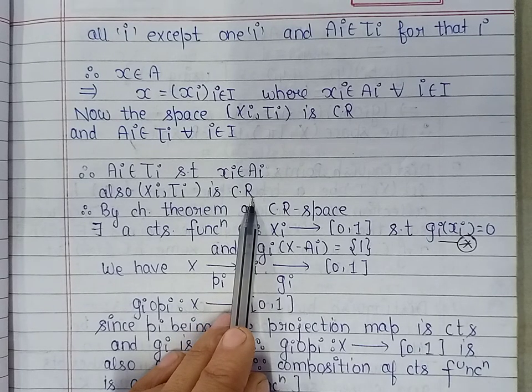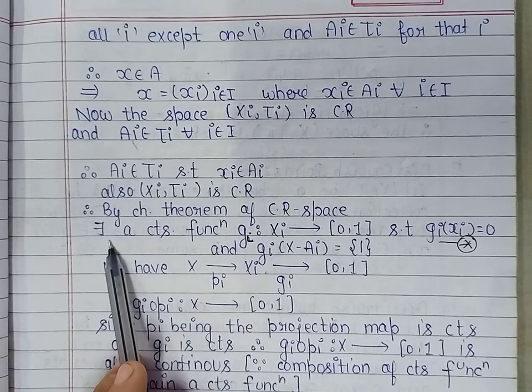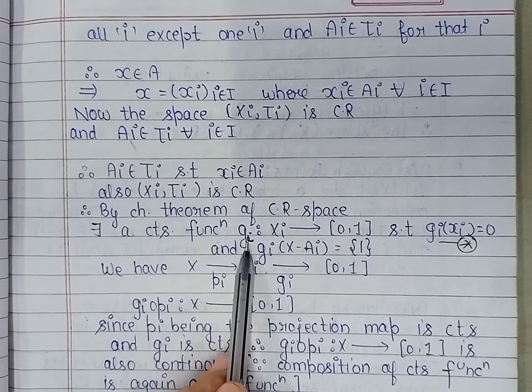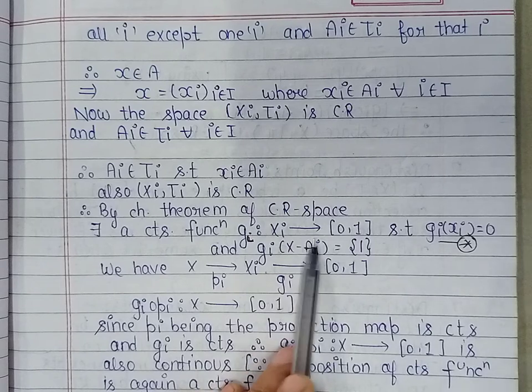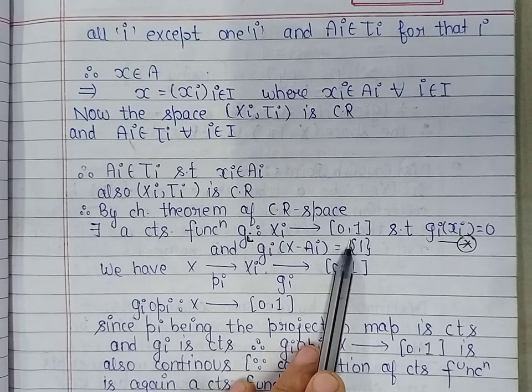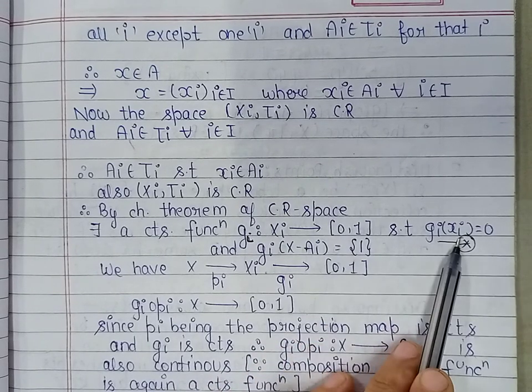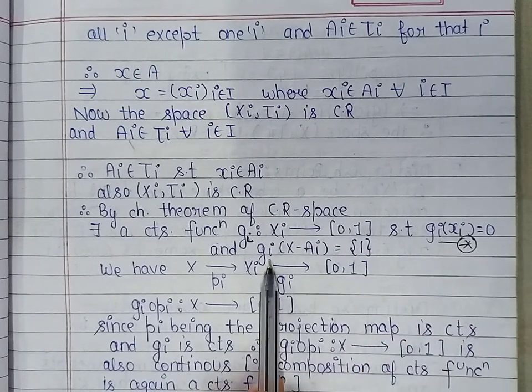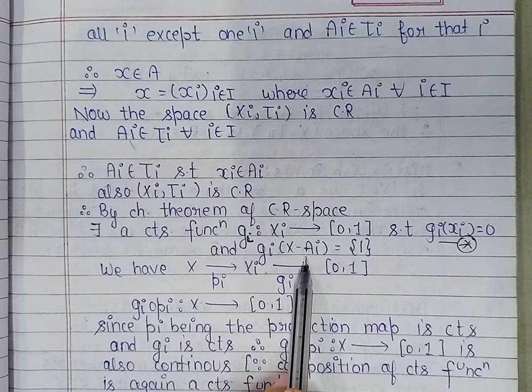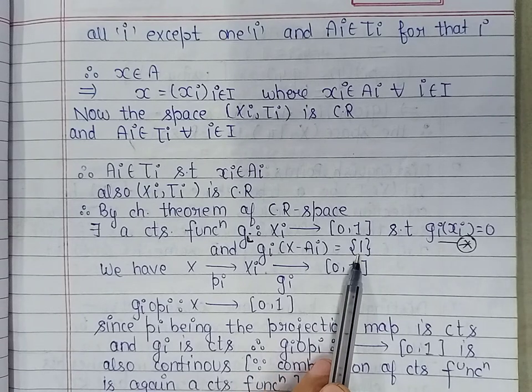So by definition of completely regular, there will exist a continuous function gi from the topological space Xi into the closed interval [0, 1], such that the image of point xi under gi is 0, and the image of the complement of Ai is the singleton {1}.